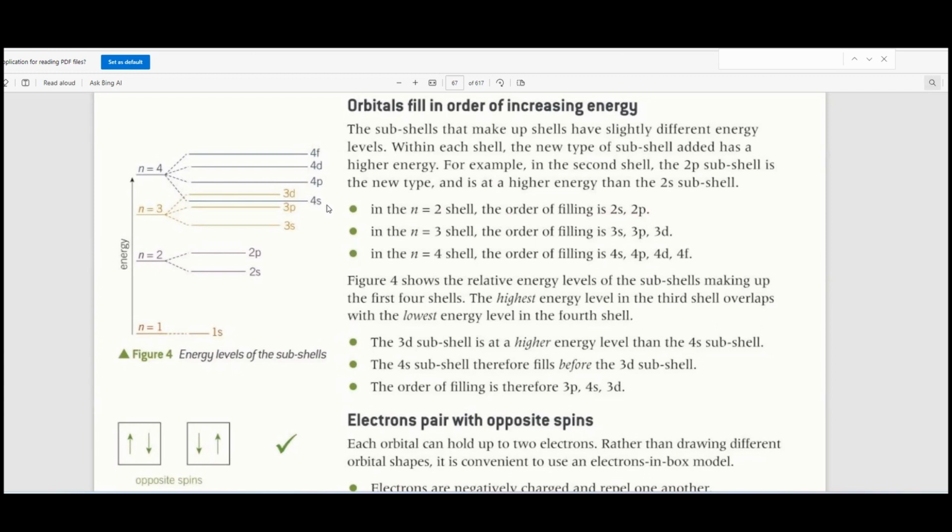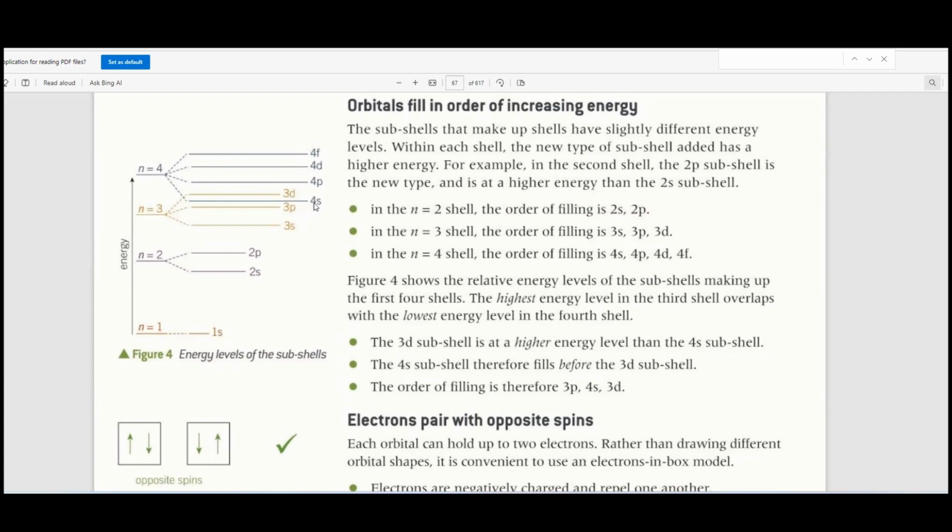Now, why does 4s have lower energy? Because what we know is that the farther you go from the nucleus, the energy increases. But they have put 4s before 3D, so there must be some reason. Now we know that 4s should be in a higher energy level state.